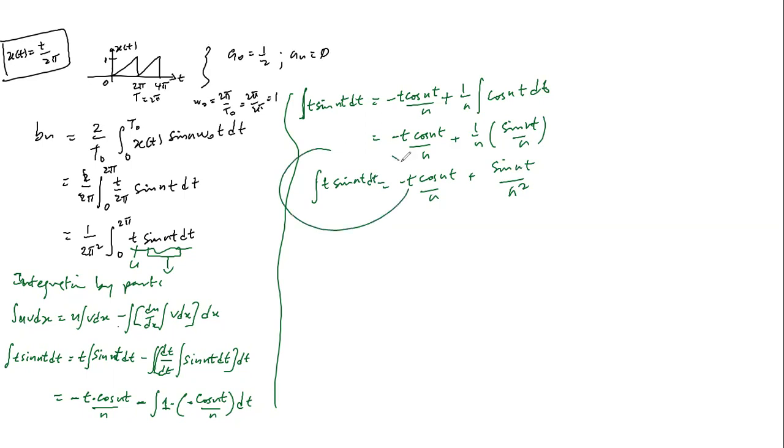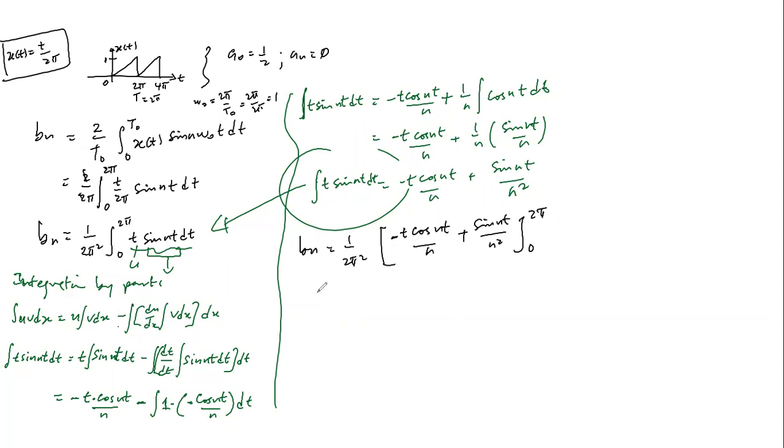So once we plug this expression into this, bn is 1 over 2 pi squared into bracket minus t cos nt over n plus sine nt over n squared, 0 to 2 pi.